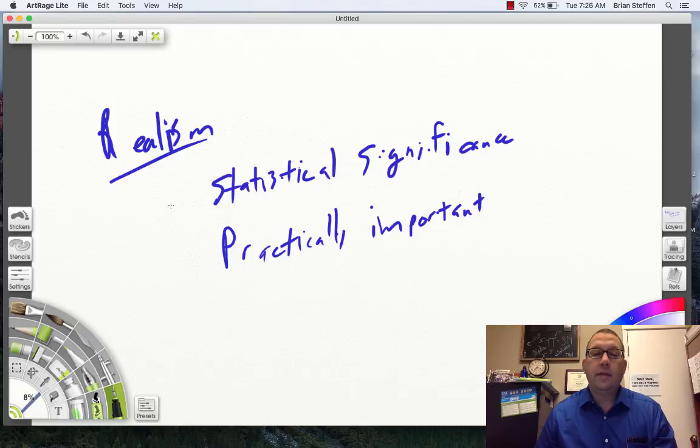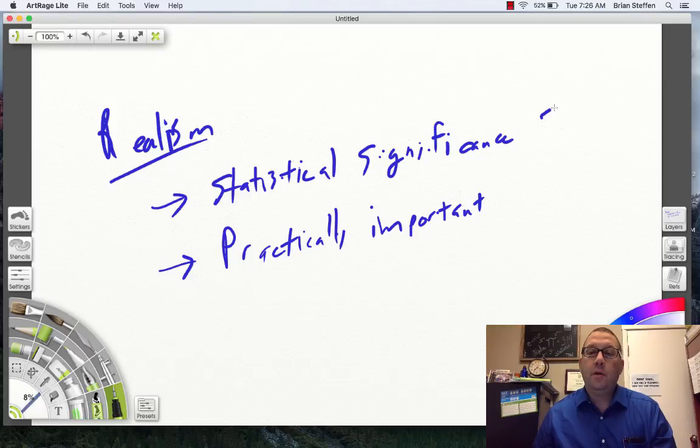But what I'm getting at here is, just because something is statistically significant, maybe really, really significant, in terms of practical importance, they're not synonymous. Just because it's one doesn't mean it's the other. So you've got to be careful. We're eventually going to say, wow, this is statistically significant.